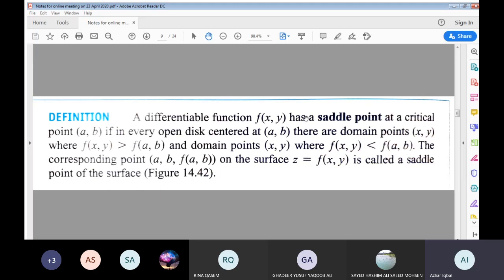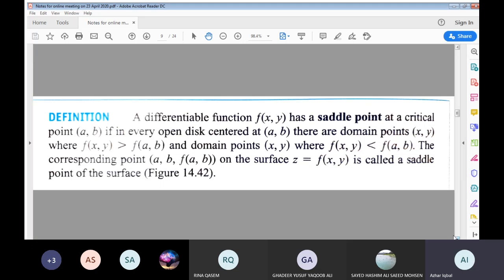So essentially the idea in this statement is that in the same open disk, for the particular point you are looking into, (a, b), where the value of the function is f of a, b, it will be a maximum for some points, and for other points in the domain it will be a minimum.